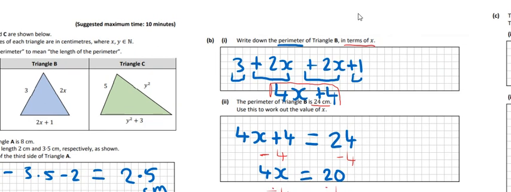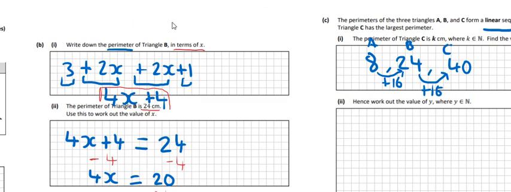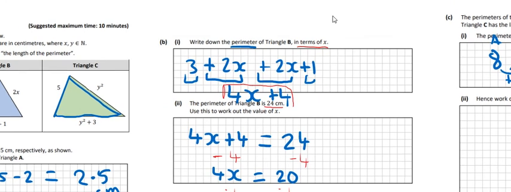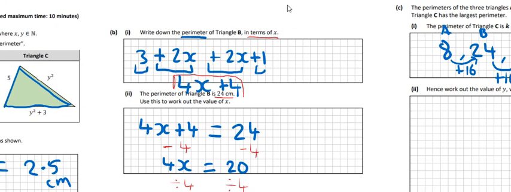And now we know that the sides of triangle C are 5, y squared plus 3, and y squared. So if we add the three of those together, that should give us 40 then, because we've worked out that 40 has to be the perimeter of C. So we're going to get an expression with y in it again.